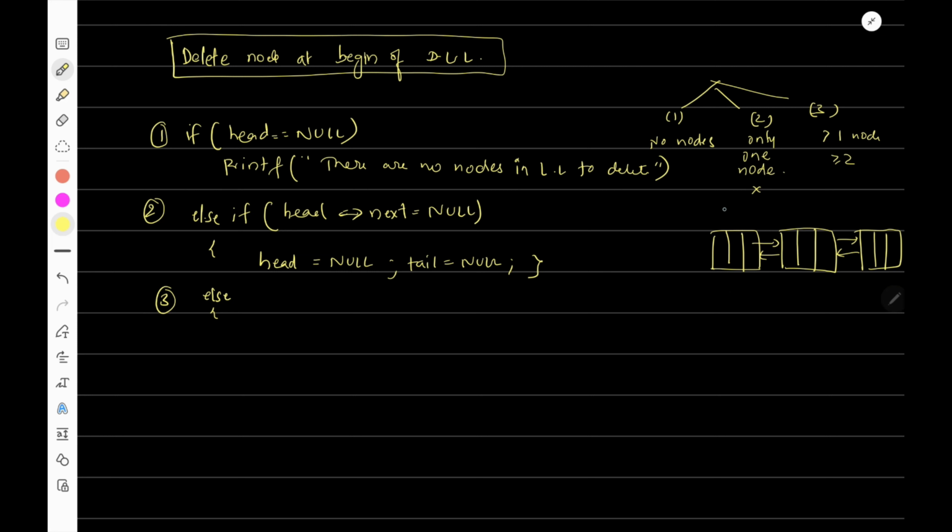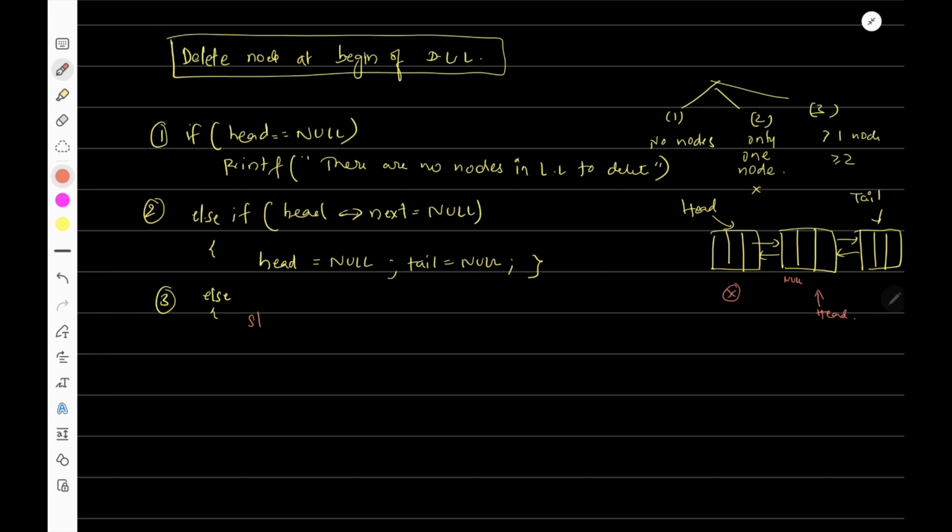This is the head, this is the tail. Now what I want to do is delete this node, put this as null, and make this node the head node. These are the 3 steps which I need to do.